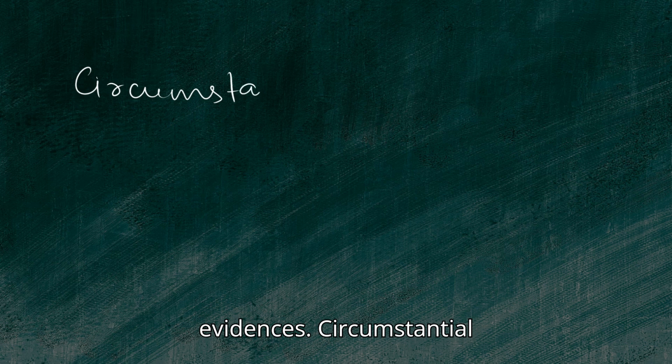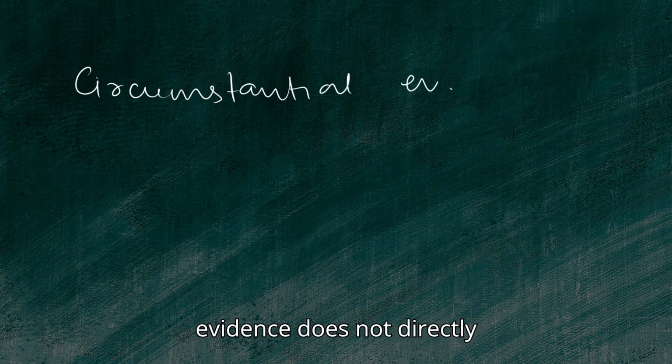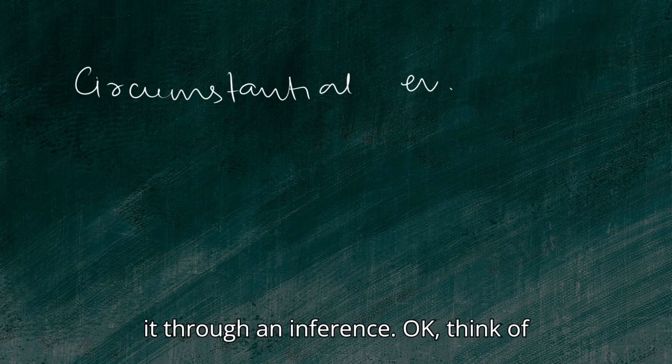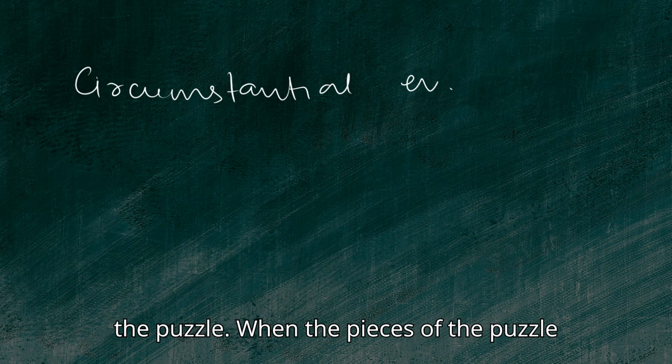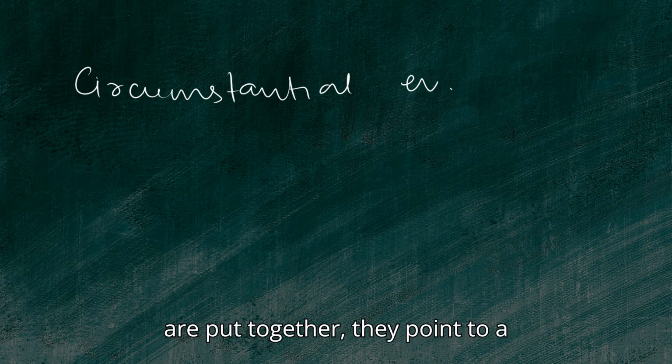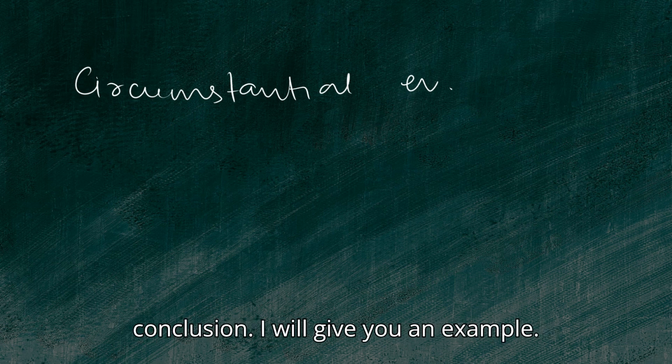Then we have circumstantial evidence. Circumstantial evidence does not directly prove a fact, but it suggests it through an inference. Think of it like finding the pieces of a puzzle. When the pieces of the puzzle are put together, they point to a conclusion.